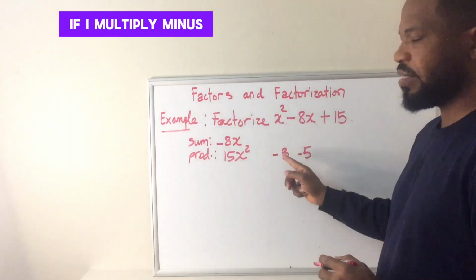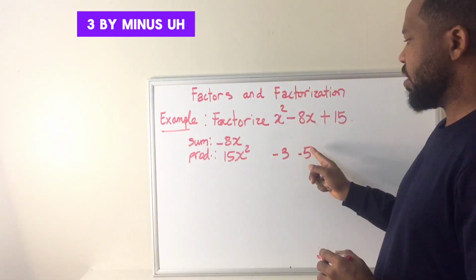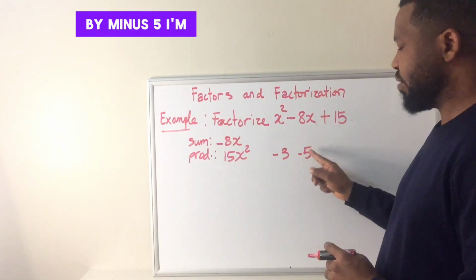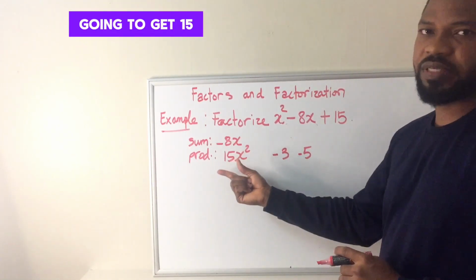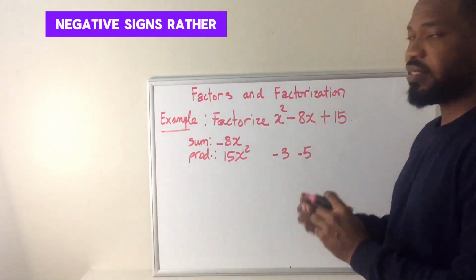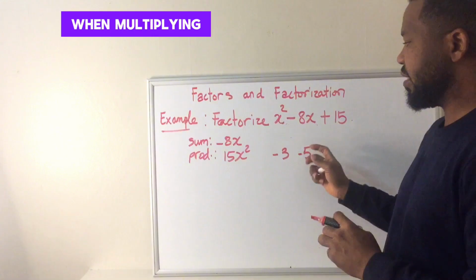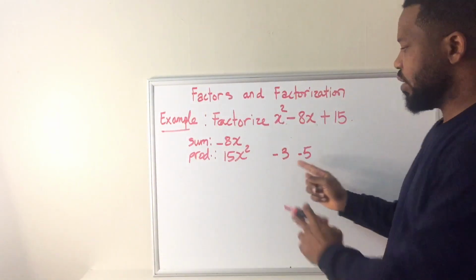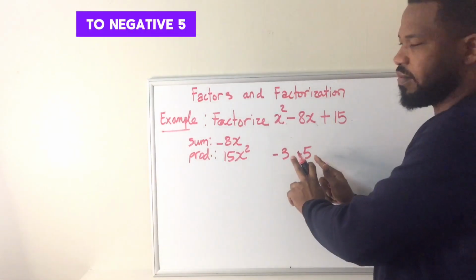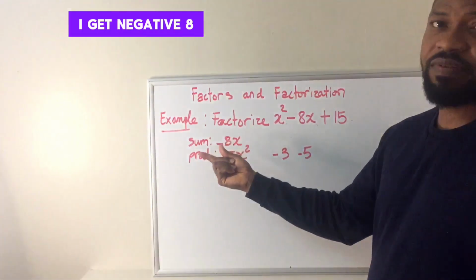If I multiply minus 3 by minus 5, I'm going to get 15, because negative signs when multiplied give you a positive. And when I add negative 3 to negative 5, I get negative 8.